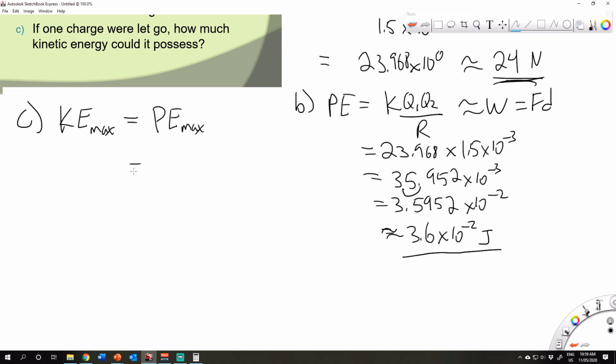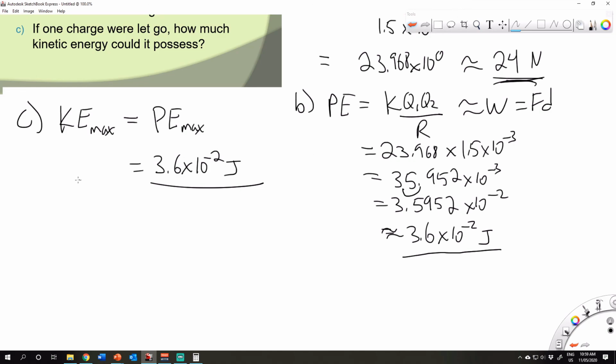So it makes sense that at most I can have 3.6 times 10 to the negative 2 joules of kinetic energy. So this last bit kind of brings together all the force and work stuff we've talked about, and reminds us of the energy stuff we talked about earlier this course, and then little bits from Physics 11 as well.